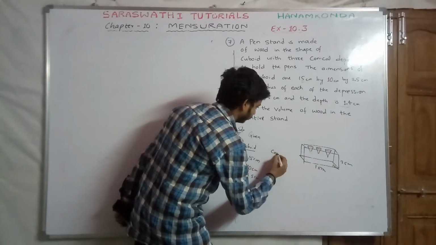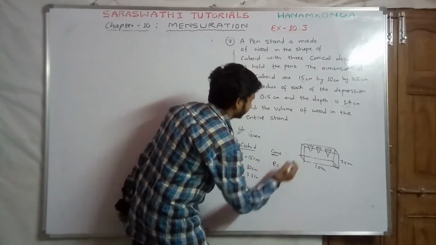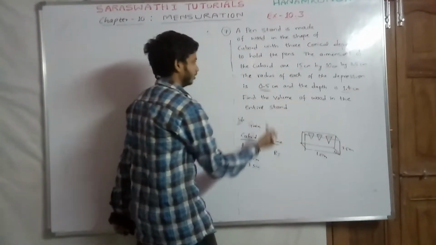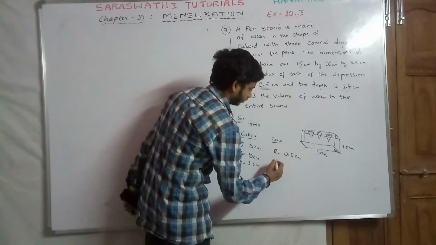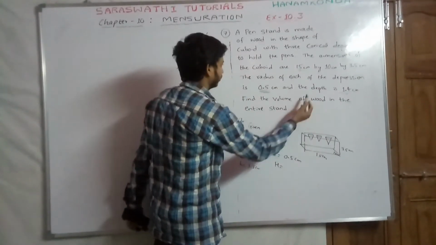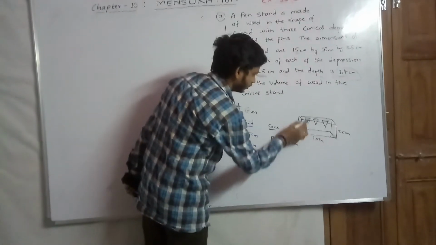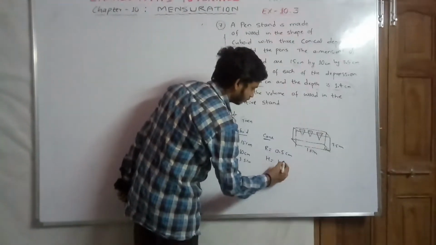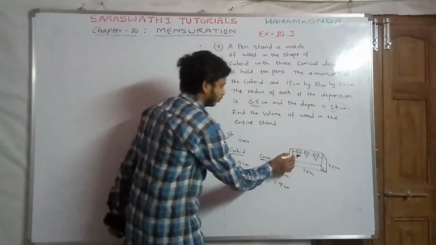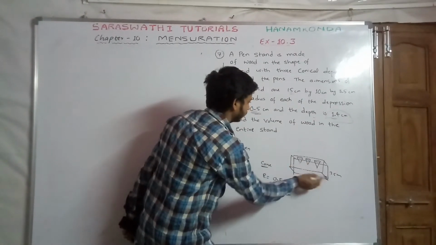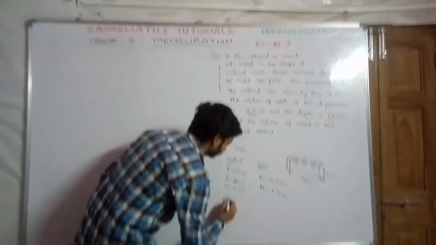Next, dimensions of cone. The radius r of the conical depression is 0.5 centimeters, and the height of the conical depression, that means the depth, is 1.4 centimeters. So given that conical depressions are made from the cuboid.